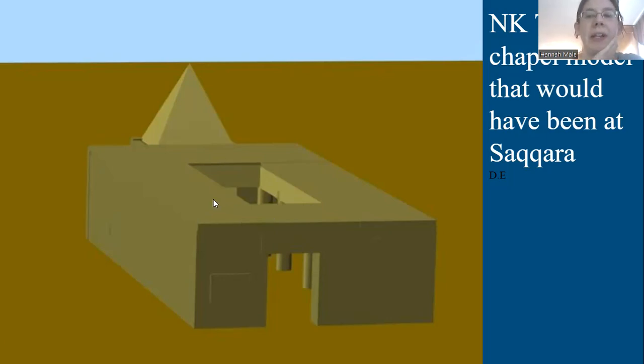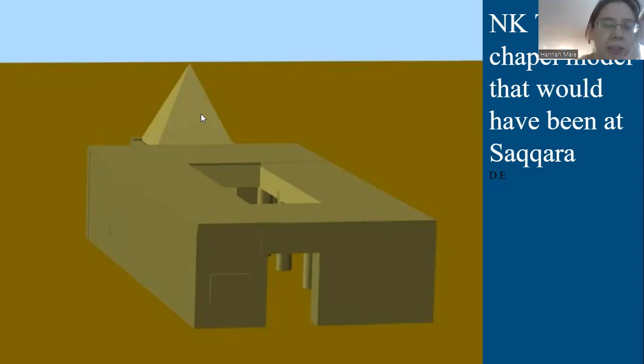So this is a model of a non-royal tomb chapel. So again, not the actual burial place of a non-royal person or persons, but the building where his or her living relatives would come to give them that food and drink to sustain their deceased kin in the afterlife.